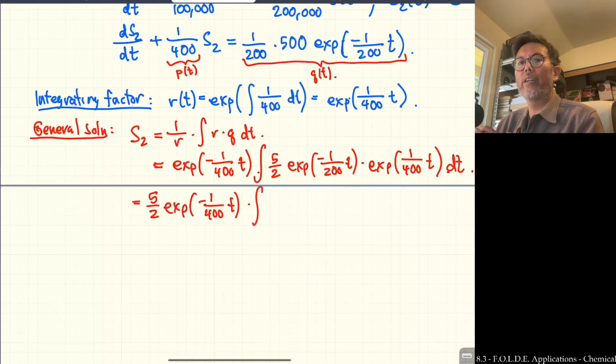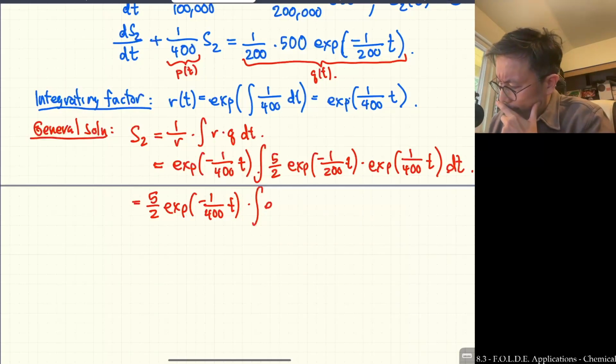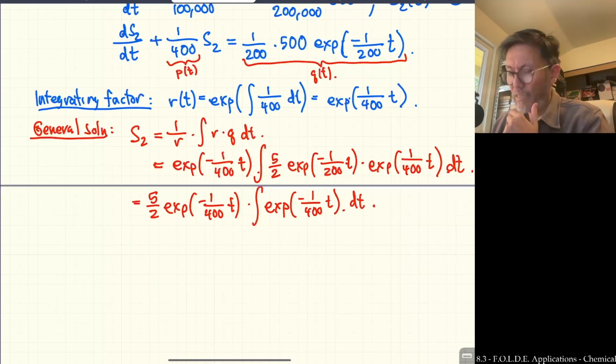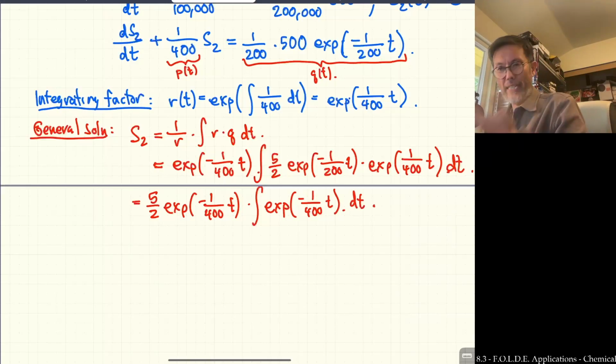Negative 1 over 200 plus 2 over 400. I should make a common denominator of 400. So this is negative 2 over 400 plus 1 over 400, so negative 1 over 400, dt. And now I integrate.